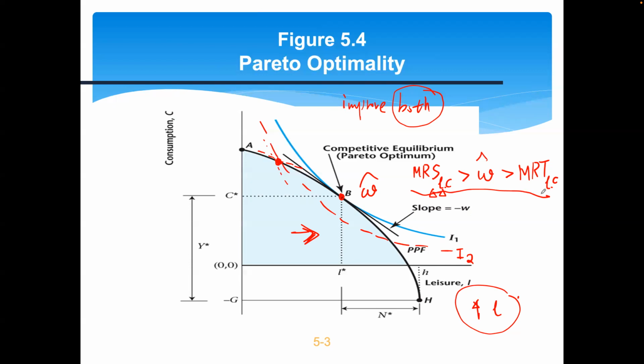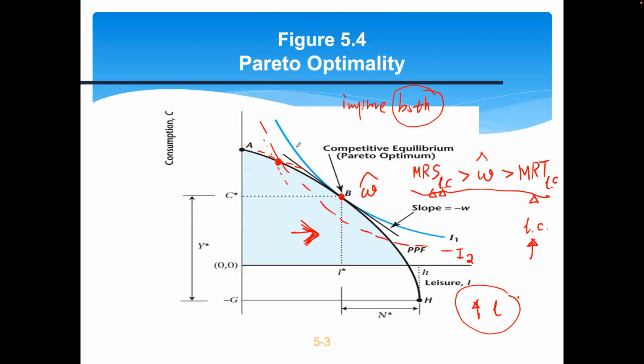On the other hand, look at the firm at this dot. This tells their marginal rate of transformation, the rate at which you can convert L to C. It's very low. So if we push to this side, it increases their marginal rate of transformation, meaning they are going to be more profitable.